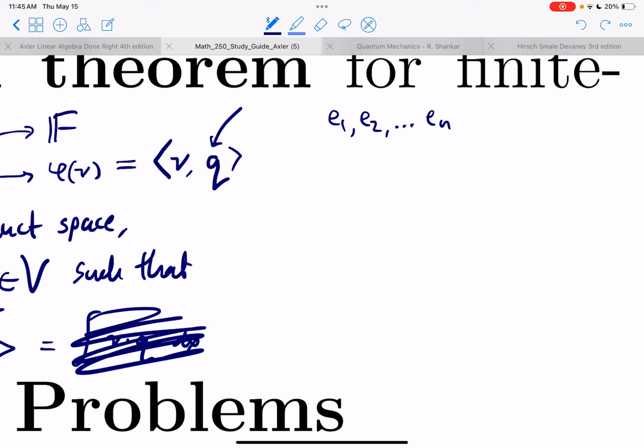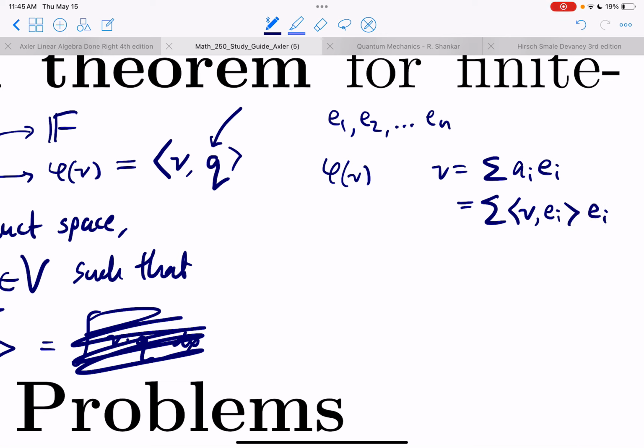I know how to compute phi of v, and I know that v is equal to some coefficients times the e_i, and I actually know those coefficients. Those coefficients are what I get when I take the inner product of v with e_i. So phi of v is just phi of this thing.